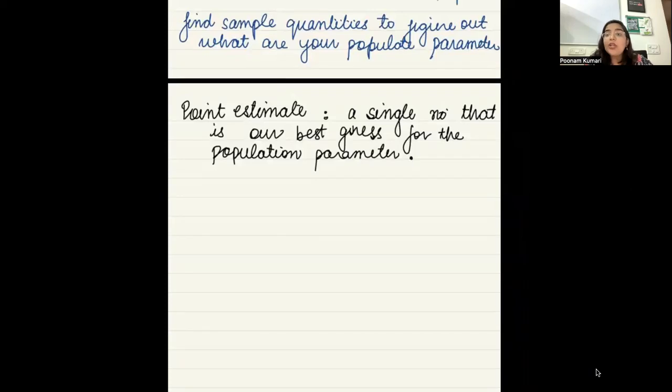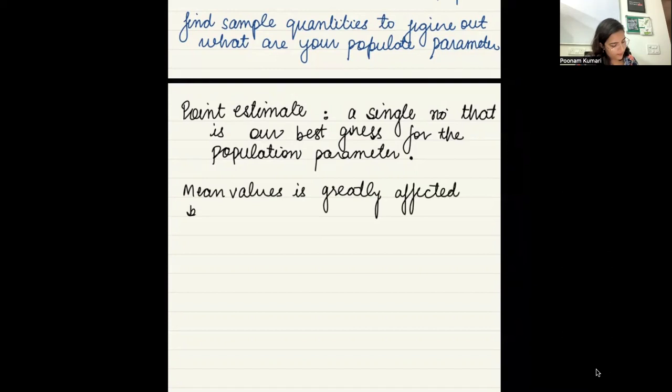So there could be outliers. The mean value is greatly affected by the presence of outliers.